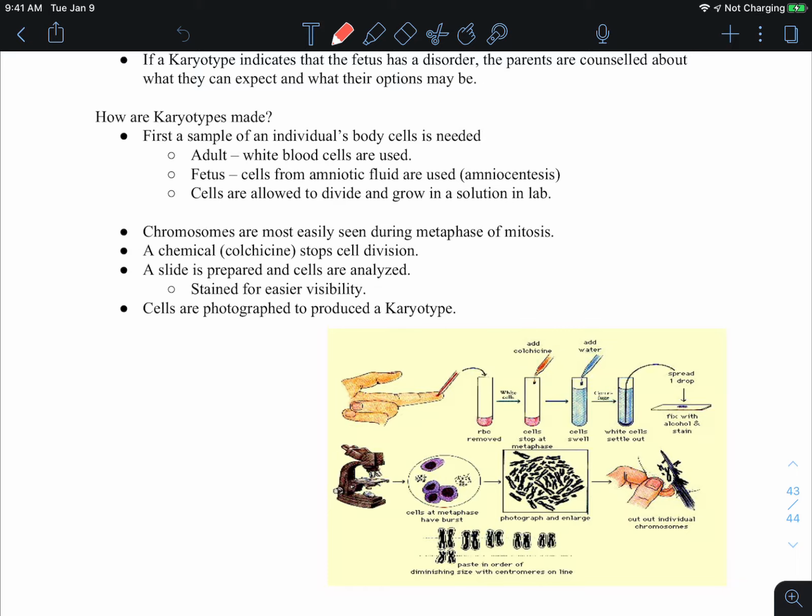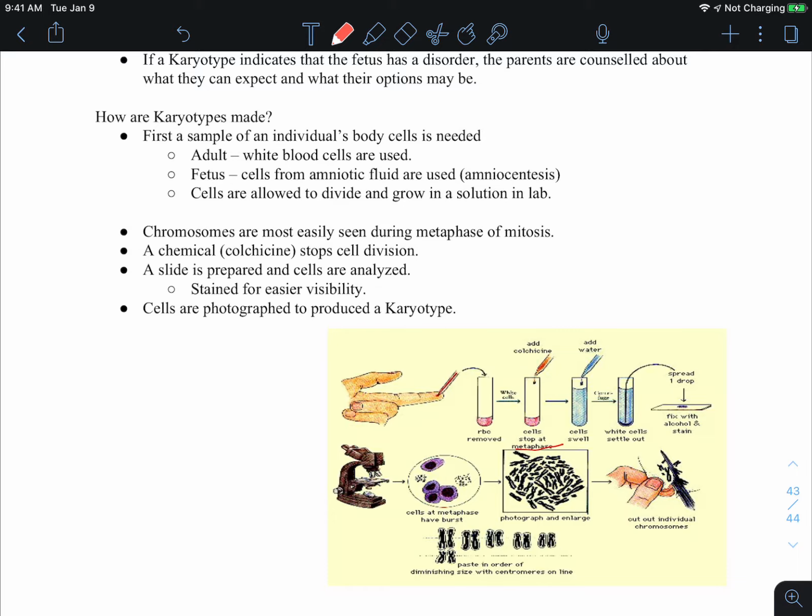So you can see here the removal of the red blood cells, and then there's a chemical called colchicine. Anyways, someone would correct me if we were in class, but too bad. This stops the cells in metaphase.